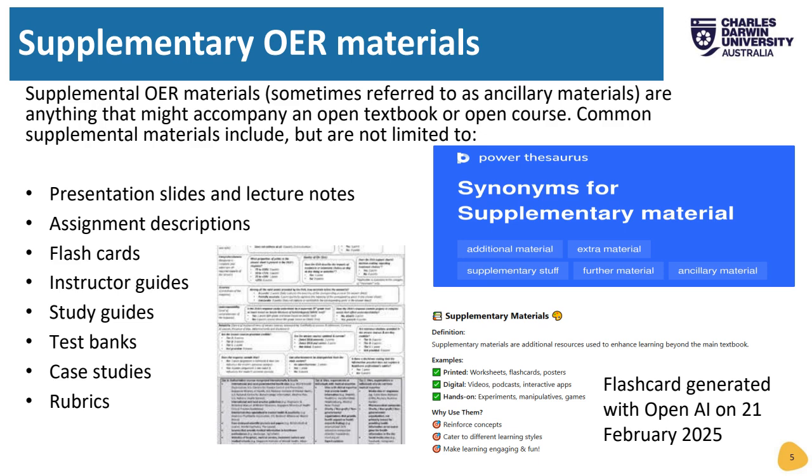Examples include printed examples, such as worksheets, flashcards, and posters, digital resources such as videos, podcasts, and interactive apps, and hands-on resources such as experiments, manipulatives, and games. And it delves into why to use supplementary materials: to reinforce concepts, cater to different learning styles, and to make learning engaging and fun.